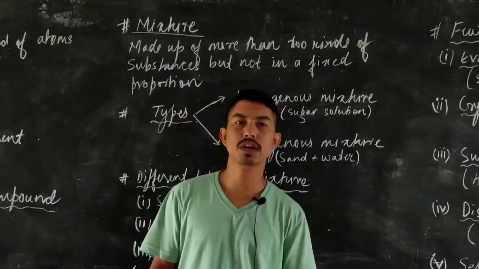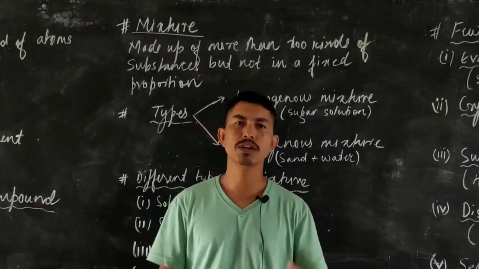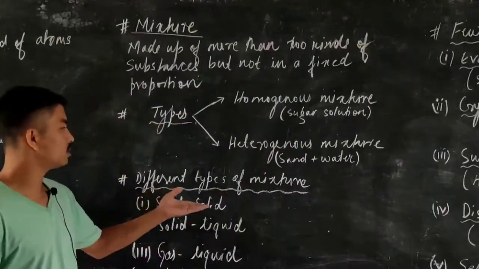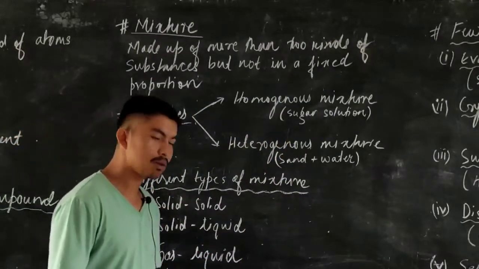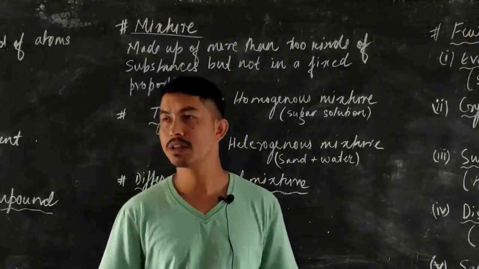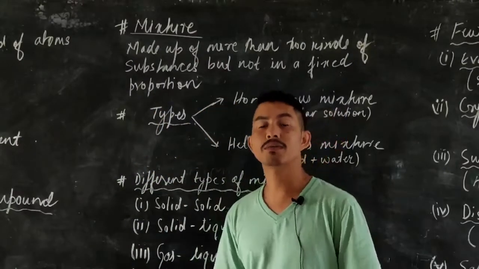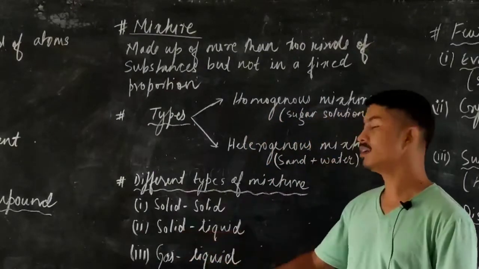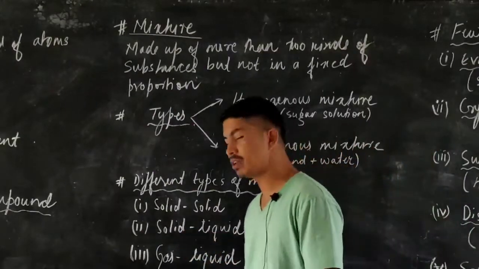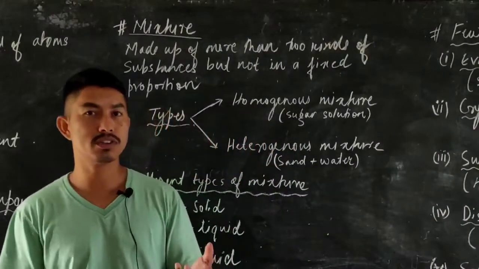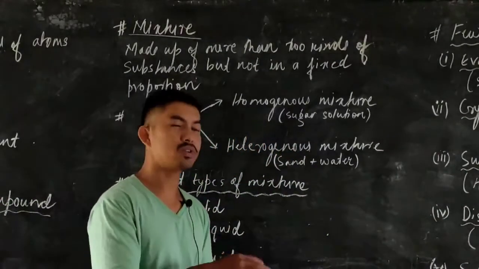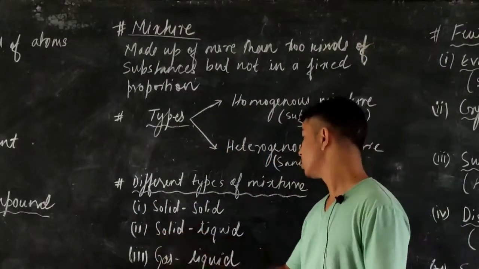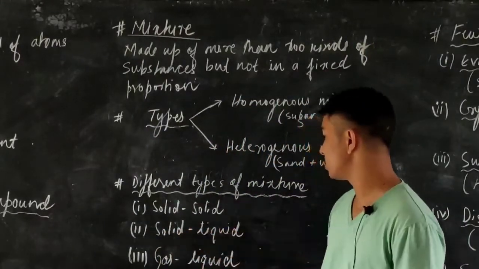Now coming to the different kinds of mixtures, there are many different kinds we know. For example, we have solid and solid mixtures. The example is simply brass, which is made out of copper and zinc. Coming to solid and liquid mixtures, sugar is a solid which when dissolved in water gives a mixture of sugar and water, a solid and liquid mixture.